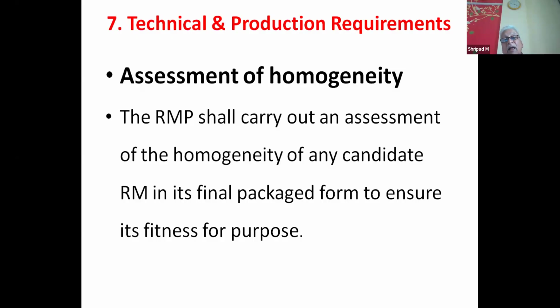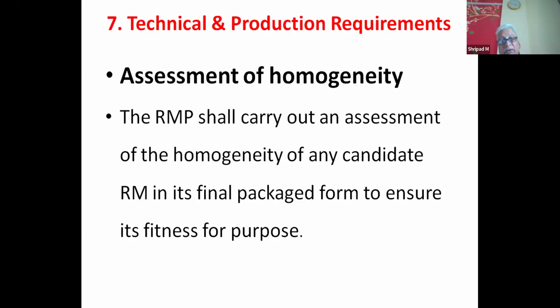This is done in the final packaged form, ready for dispatch. At that level, you need to select the sample. Say it is a batch of 100 vials or bottles. According to our sampling plan, we need to select randomly or stratified randomly, or whatever criteria we are choosing at that time.